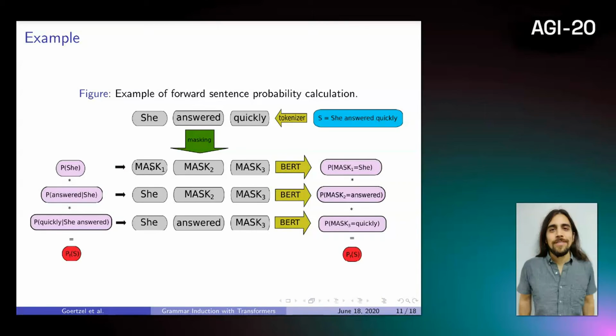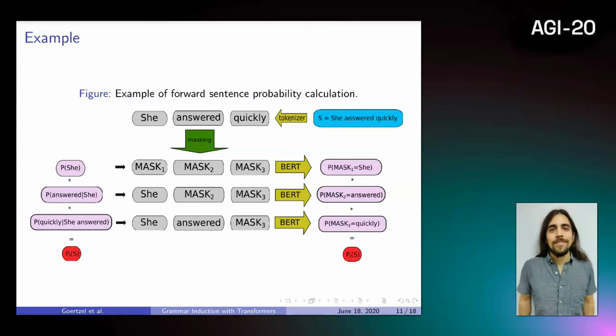What's the transformer's estimation of the probability that this mask will come up as she without any more information, so all the other words masked. And then for the conditional probability where she is given, we unmask she, and then we ask what's the probability that mask 2 is answered, which is what we want, without information for the other masks, etc. We do the same for every other word, and that's how we obtain the forward probability.